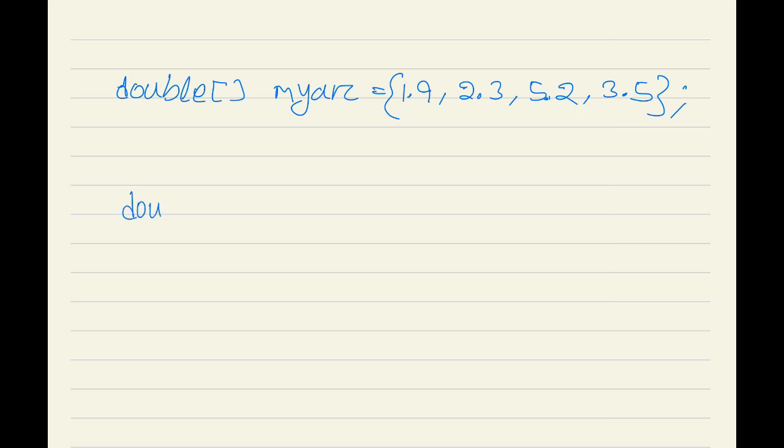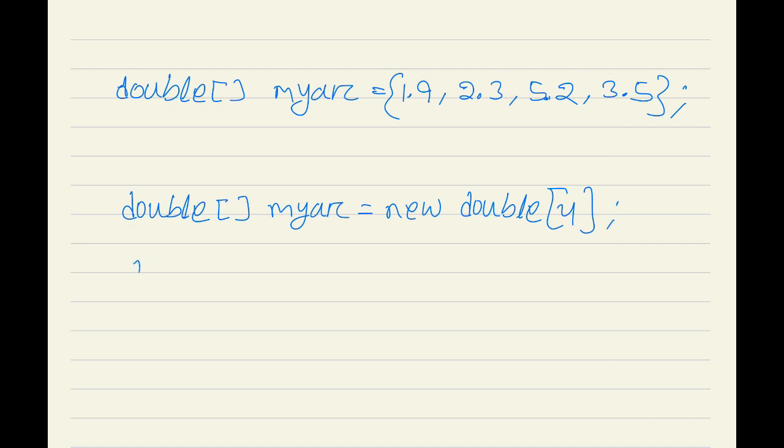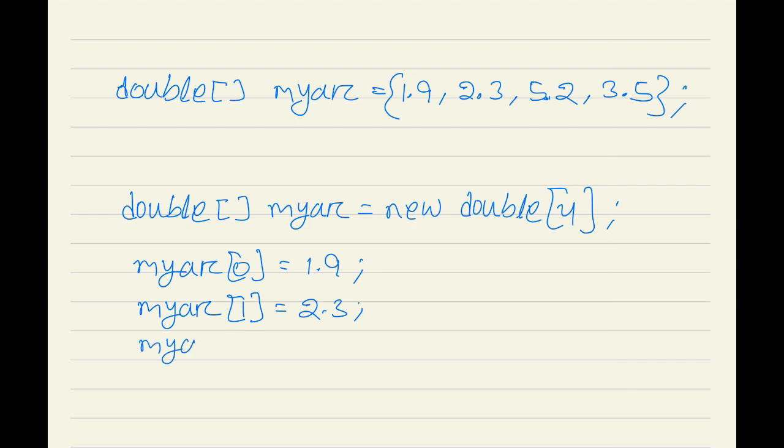So, if we write double my AR equal to new double 4, then my AR of 0 equal to 1.9, my AR of 1 is 2.3, my AR of 2 is 5.2, my AR of 3 is 3.5.